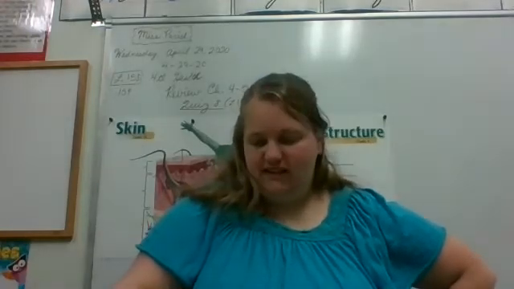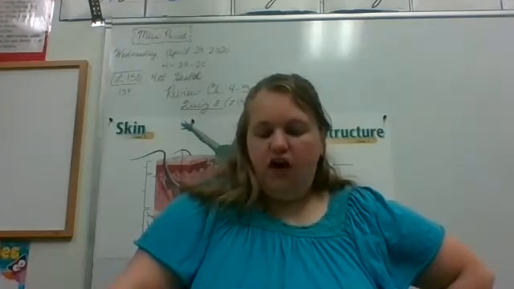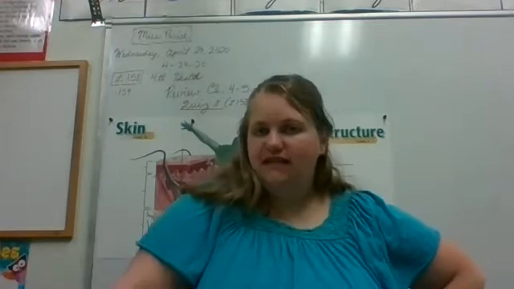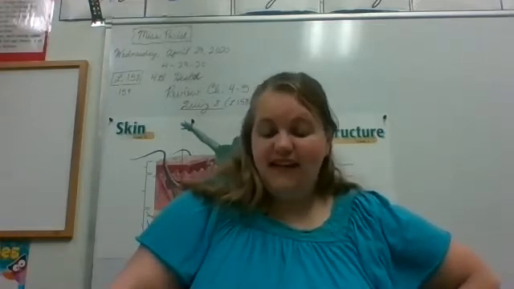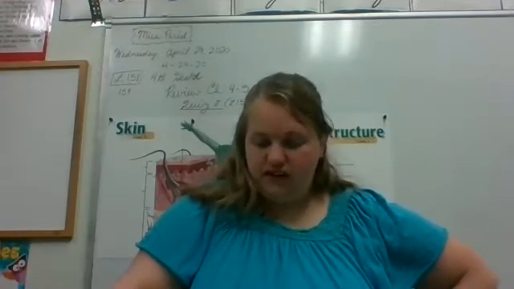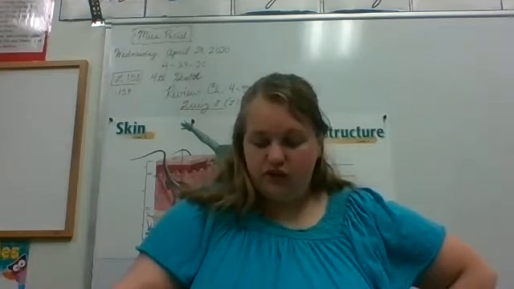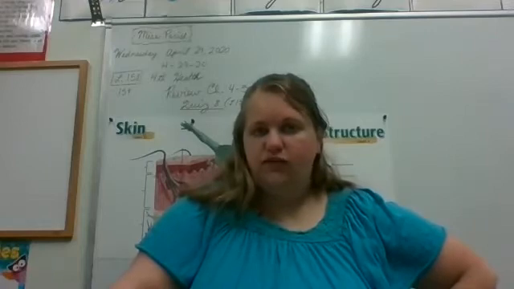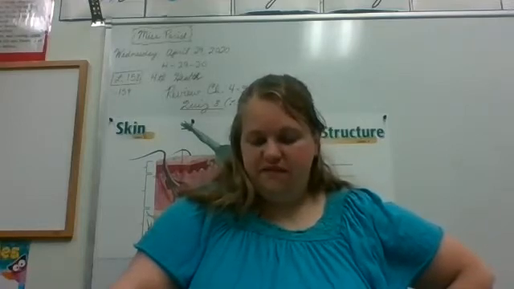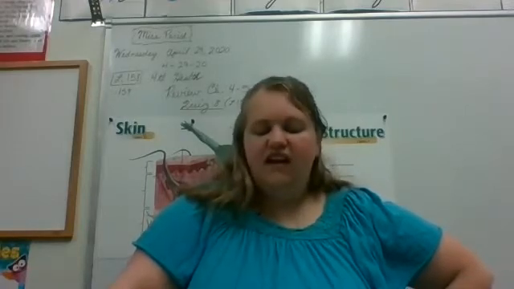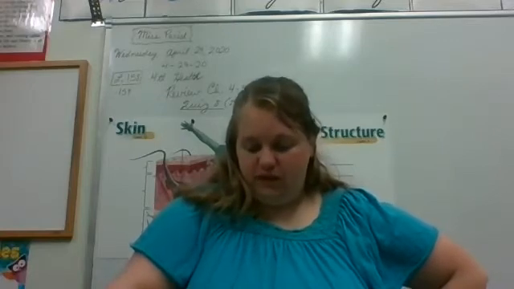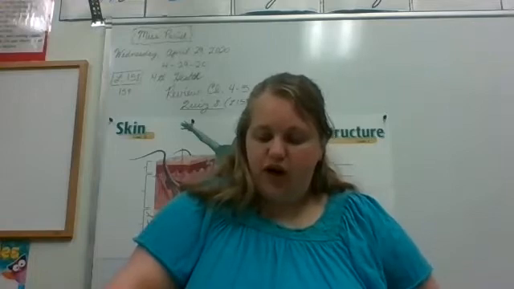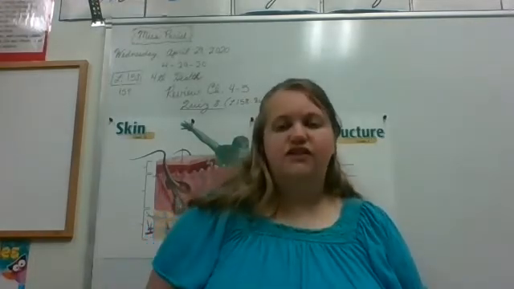Dental caries. All right, very good. A hard bone-like tissue which forms and shapes a tooth is called what? Dentin. All right. The substance which covers the crown of a tooth, the hardest substance in the body, is known as what? Enamel. Okay.